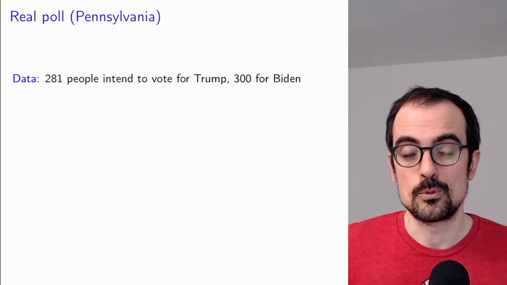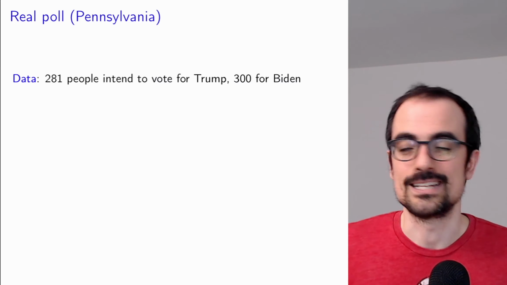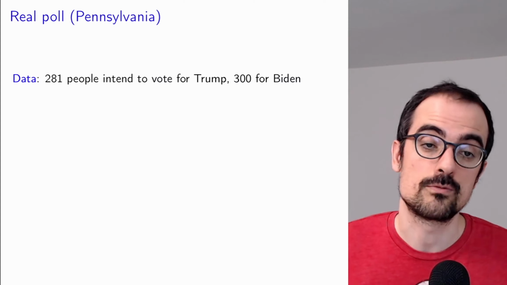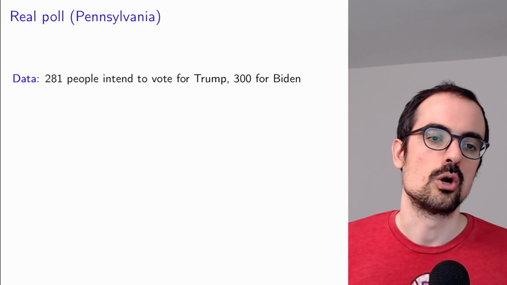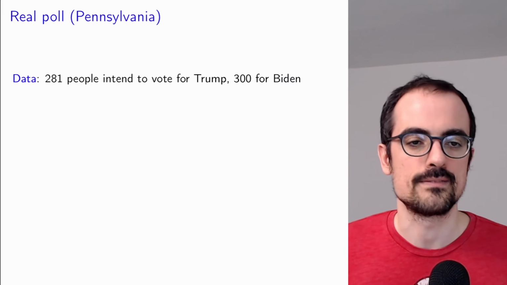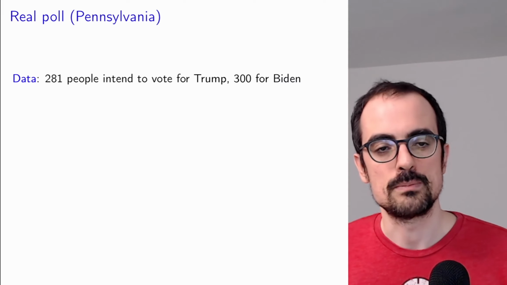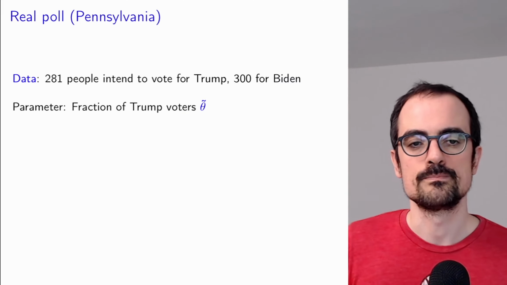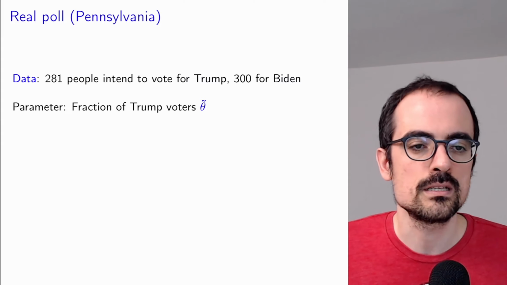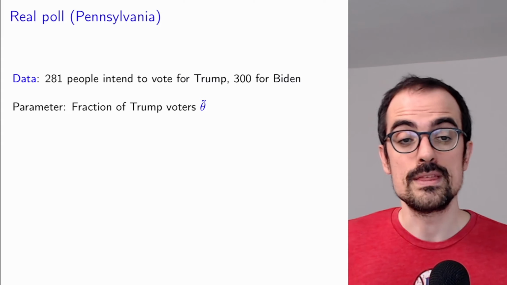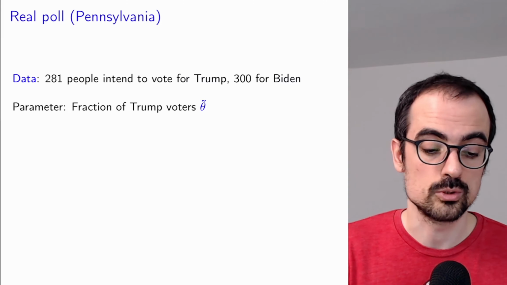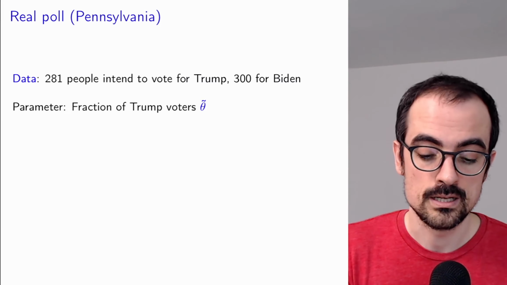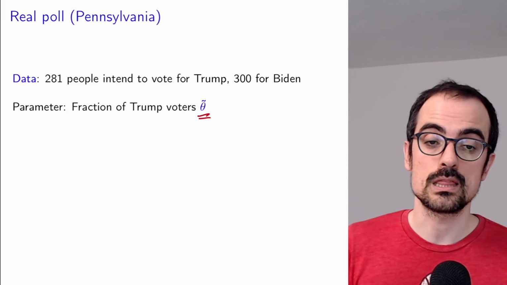Where is it important to have parameters that represent probabilities? For example, if you're trying to predict the outcome of an election. So here we have an example. We have 281 people that intend to vote for Donald Trump and 300 people that intend to vote for Biden. We model this within a Bayesian framework where the fraction of actual Trump voters in the overall population is represented by this parameter theta.